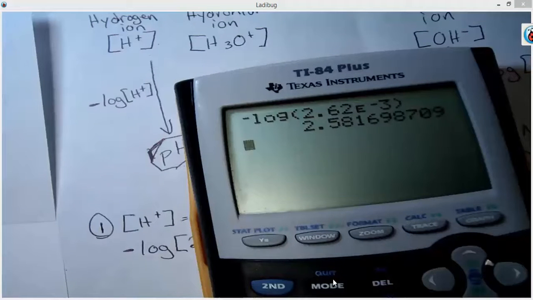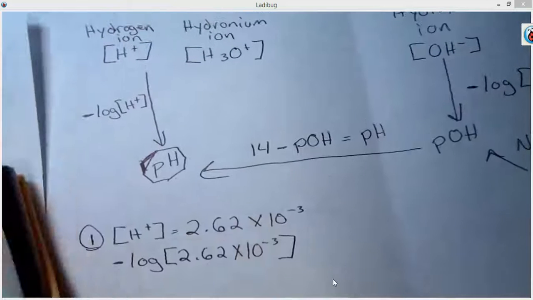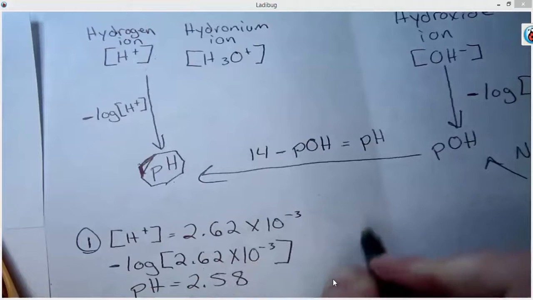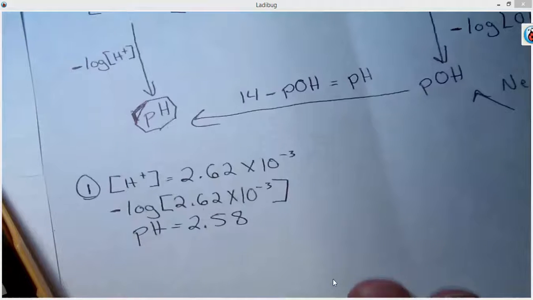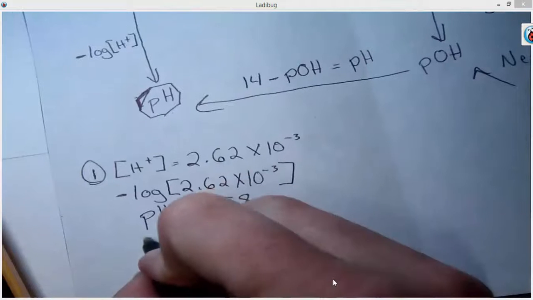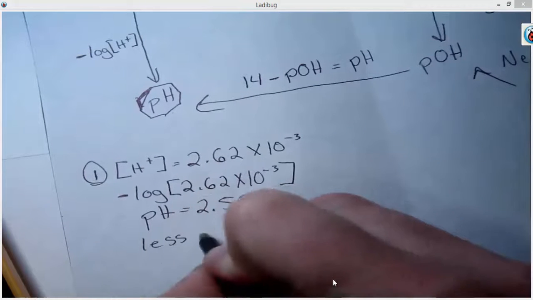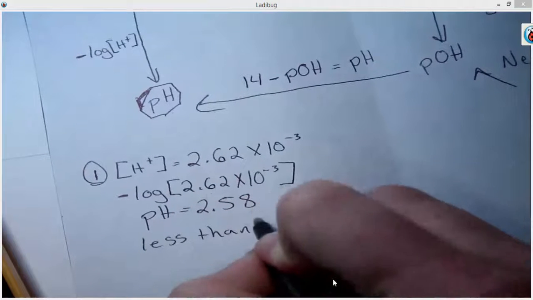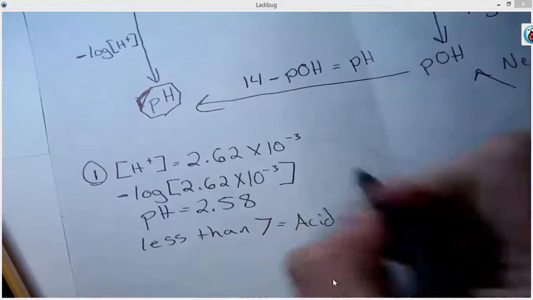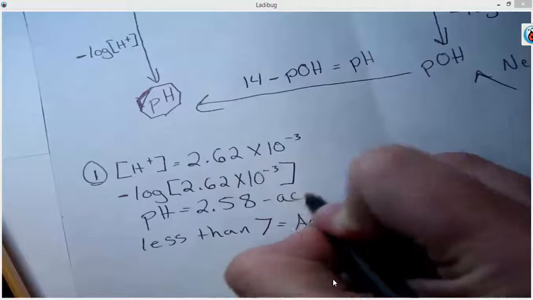Hit enter, and our answer is 2.58. So our pH is 2.58. Now remember, less than 7 means it's an acid. So this is an acid.